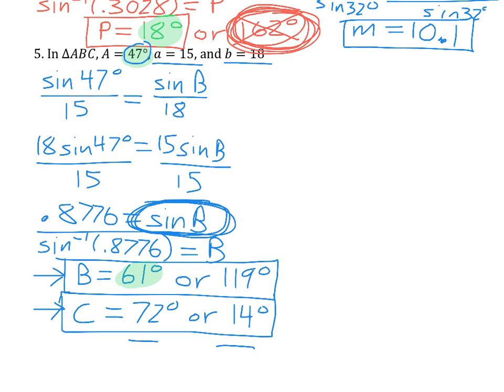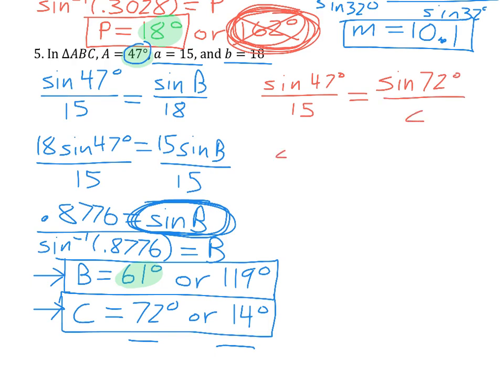Okay, the last thing we have to find is side C. So let's use the same first fraction. Alright, now we're going to have to find two possible answers. First, pretending that angle C is 72 degrees.